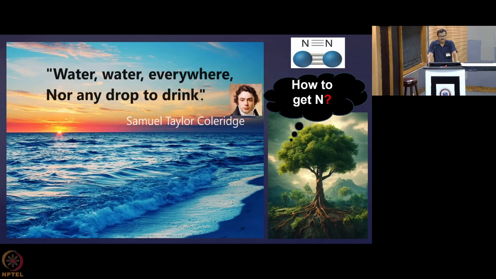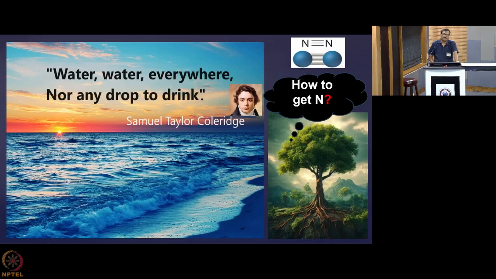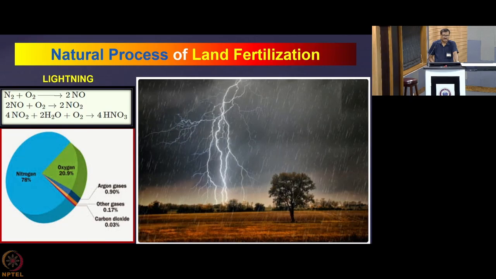There are certain microbes which can break this bond and give it to the plants. They are called nitrifying bacteria. So even though we do have enough nitrogen in the atmosphere, we cannot use it for agricultural applications.